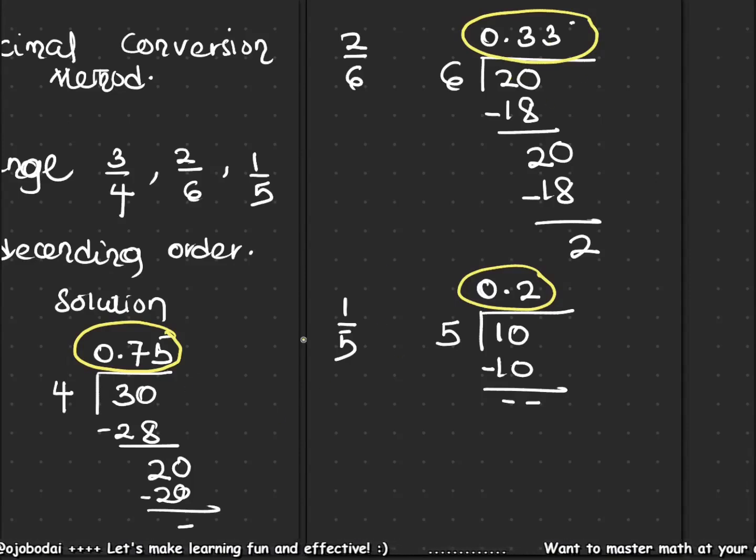So if you have to compare these 3 fractions, how do we know which is the greatest? You can see they all start with 0. Hence, they are all less than 1. And since they are all less than 1, we go to the next digit. So this is 0.7.